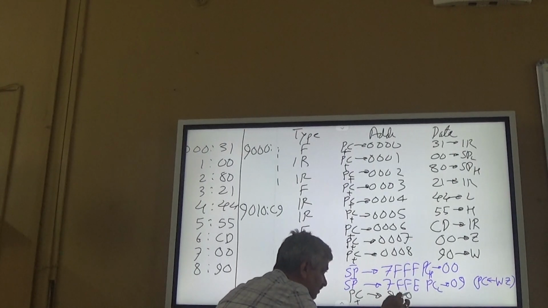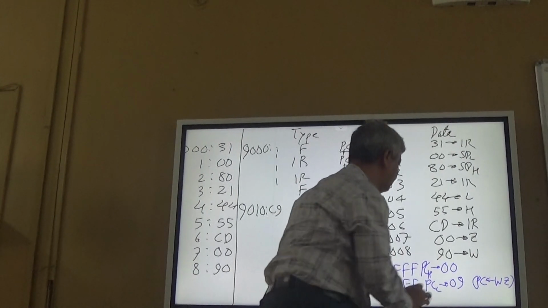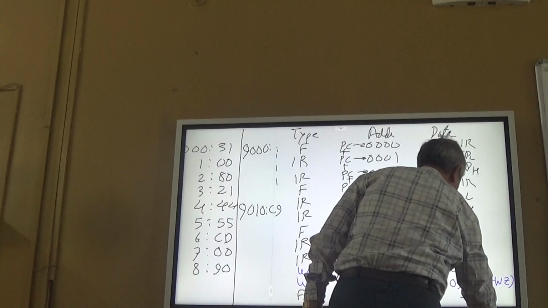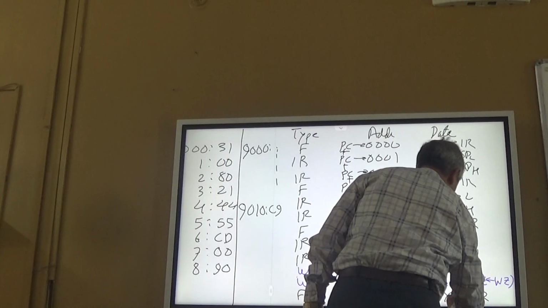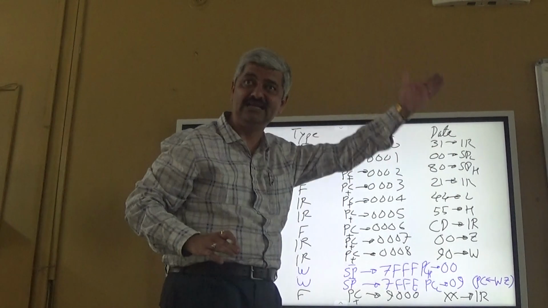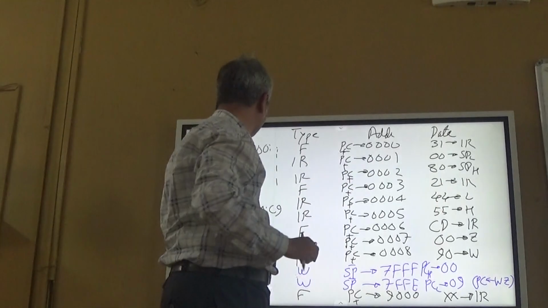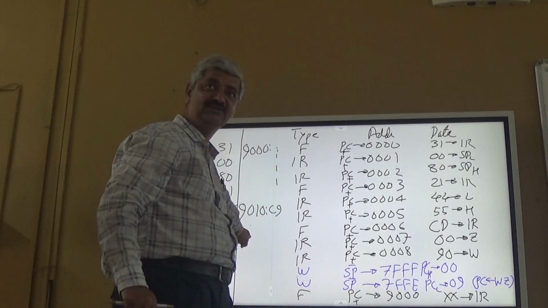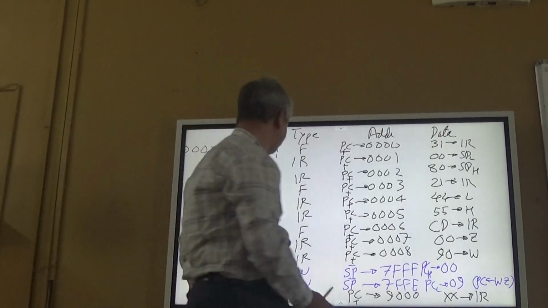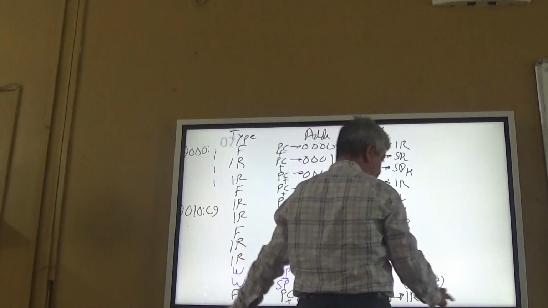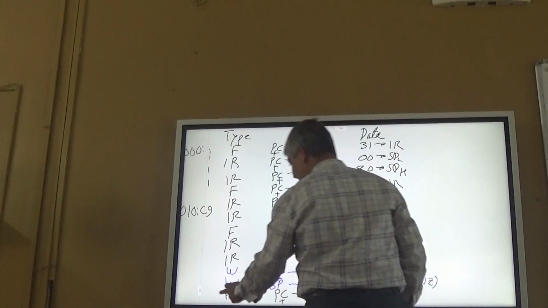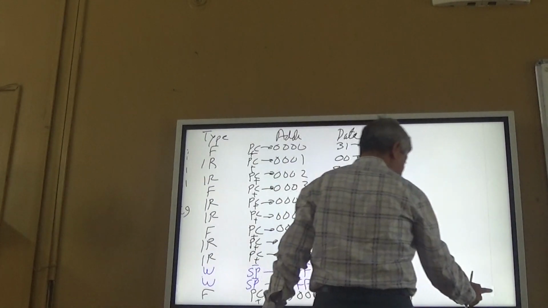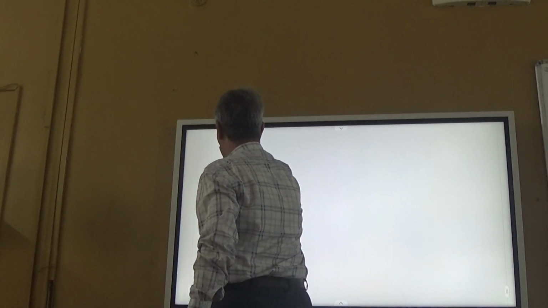9000. Whatever may be there will go to the instruction register. Right? This will continue as a subroutine.